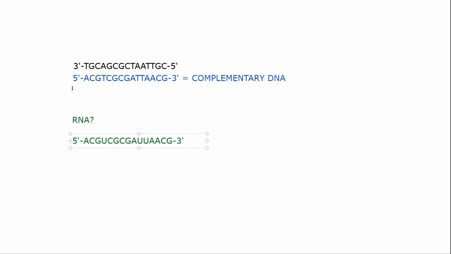Our other strand, you have the option of going right here beside it, and knowing that it would normally be written down 5' to 3', I don't care which way you write it on here, just as long as you mark your 5' and 3' ends.